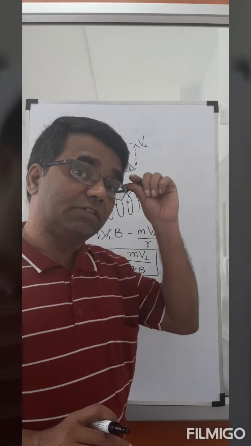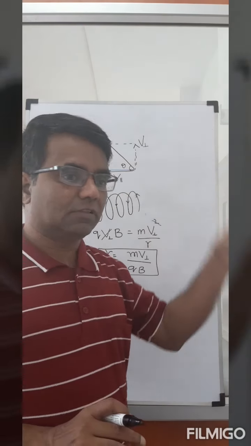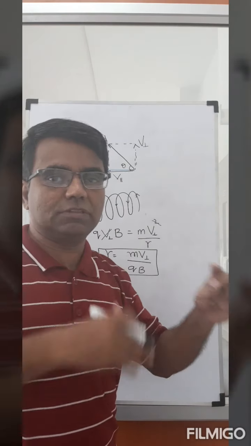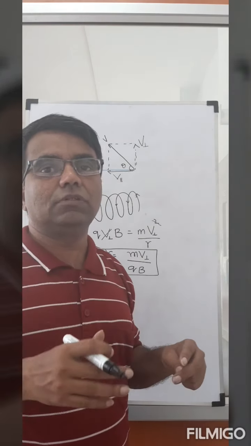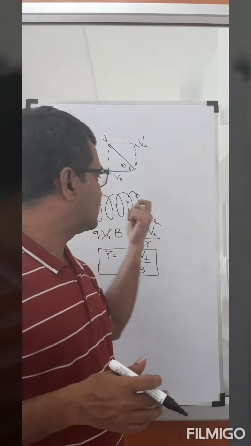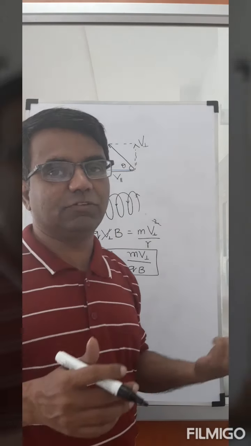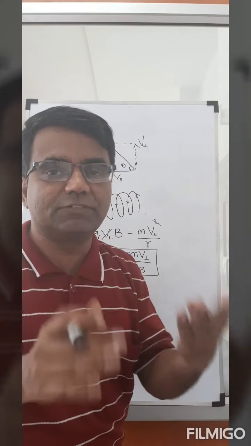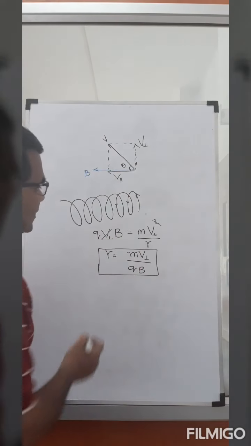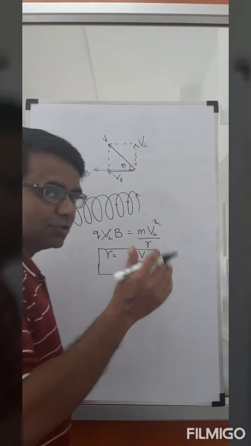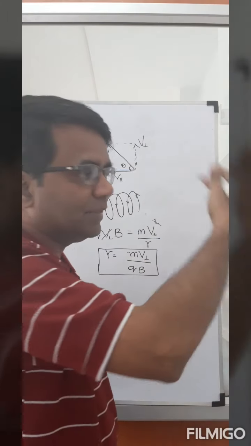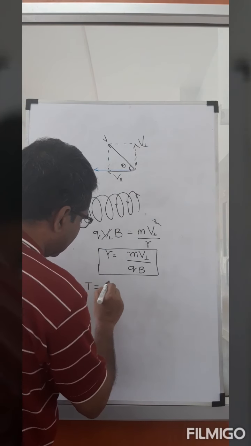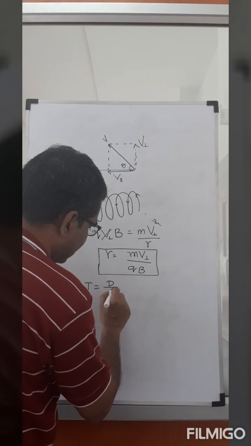Then what is the angular frequency? So what is the frequency? What is the time it takes to go around this circle? That can be found. First let me not worry about angular frequency, let me talk about frequency. How do you find the frequency? To find the frequency, we need the time period of revolution, right? So what is the time it takes? Time is distance by speed.